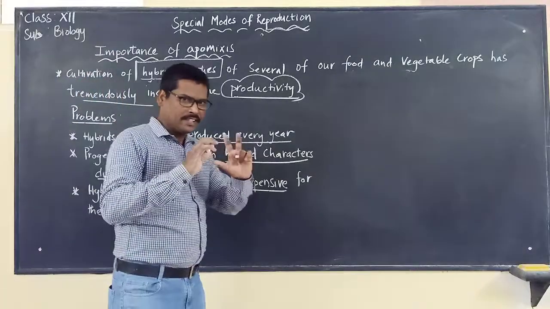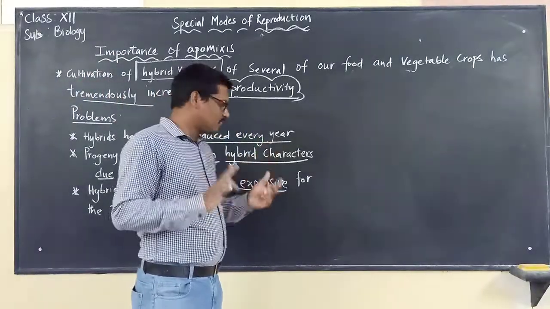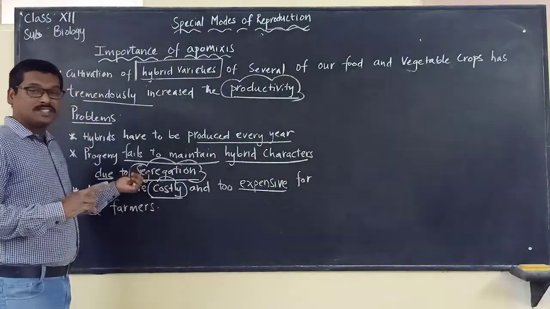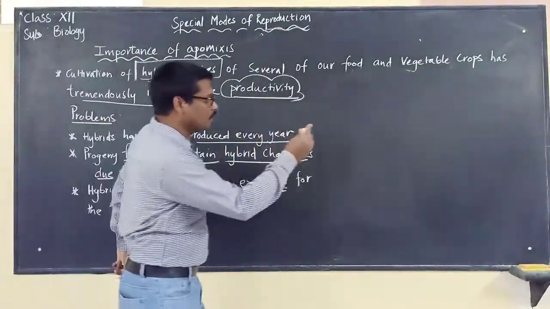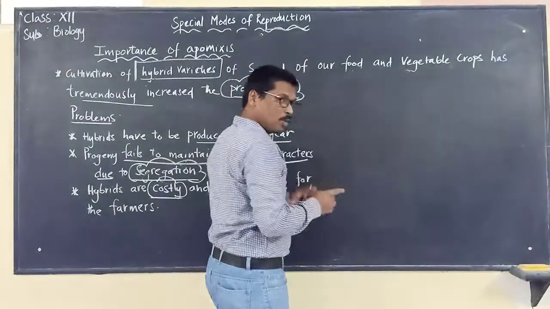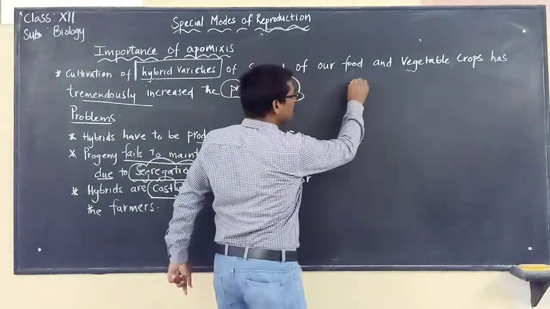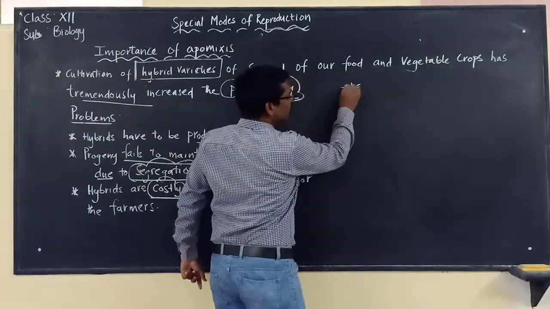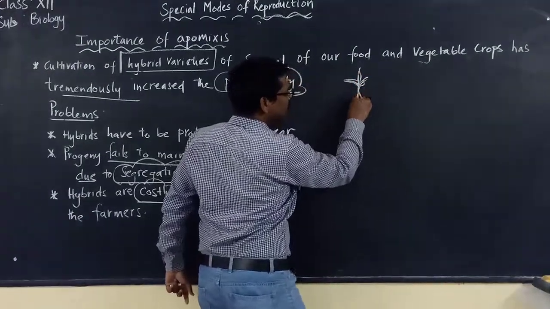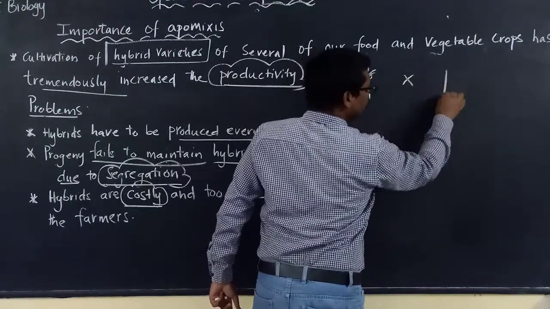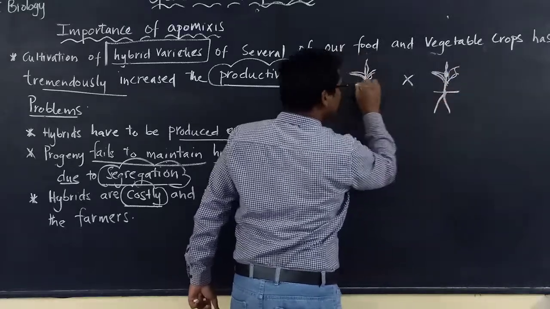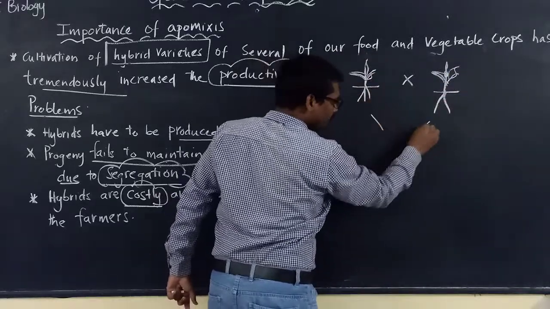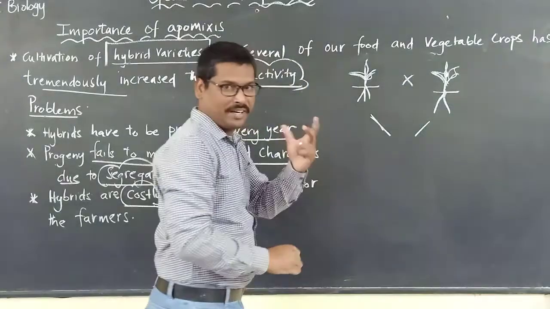So let us make it very clear how the segregation is taking place. Now see here, we have taken the progeny. If this is the plant, crossed with another plant, here there are two plants, we get a hybrid variety.